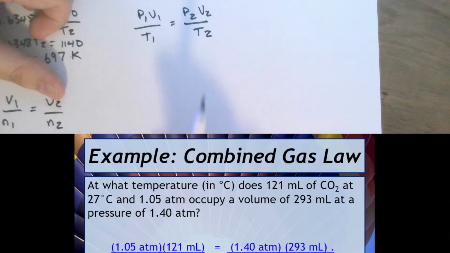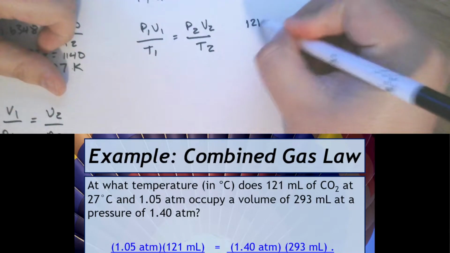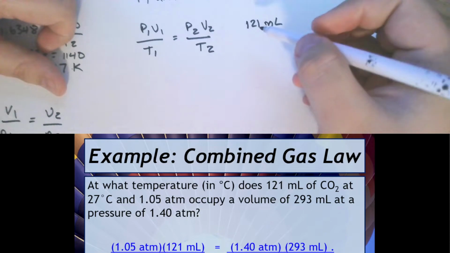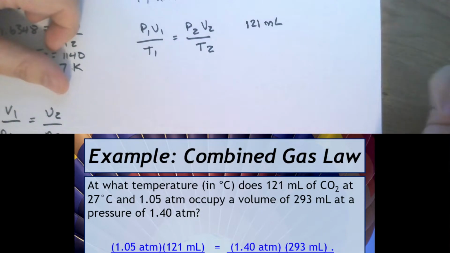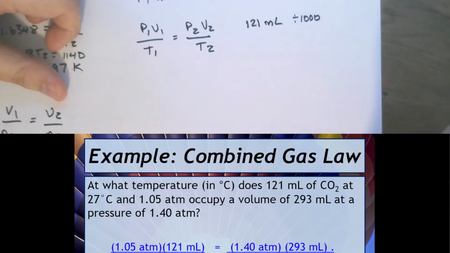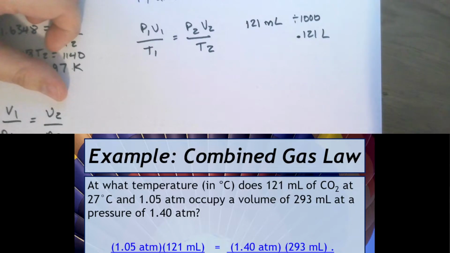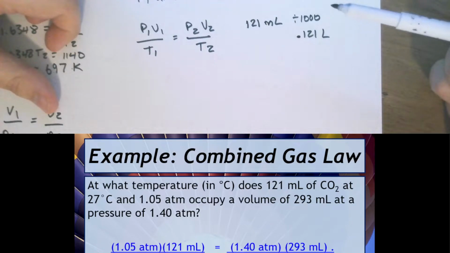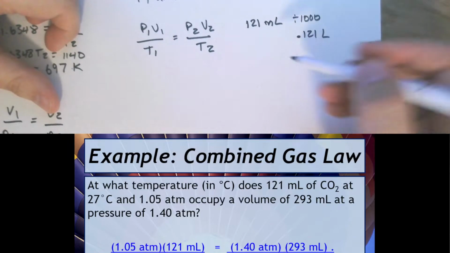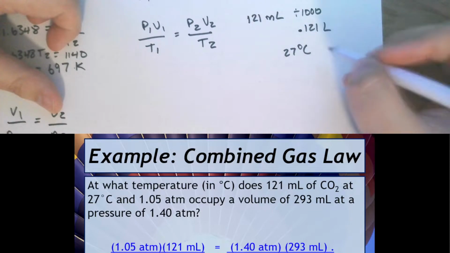It says 121 milliliters, also a little bit annoying, but I know there are 1,000 milliliters in 1 liter. So if I just divide that by 1,000, that turns it into liters. So that's just 0.121 liters of carbon dioxide at 27 degrees Celsius, this is a super annoying problem. 27 degrees Celsius, I have to turn that into Kelvin.